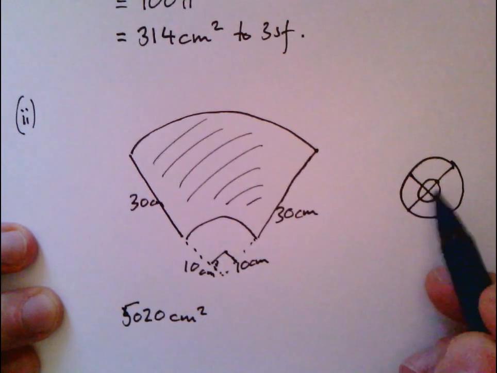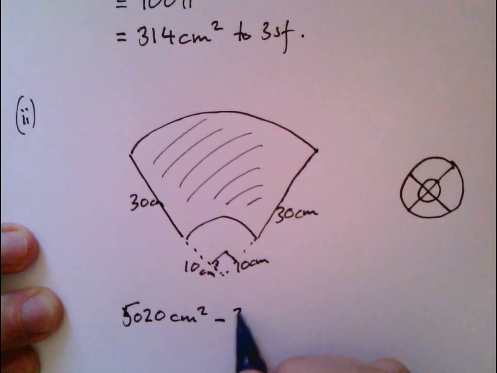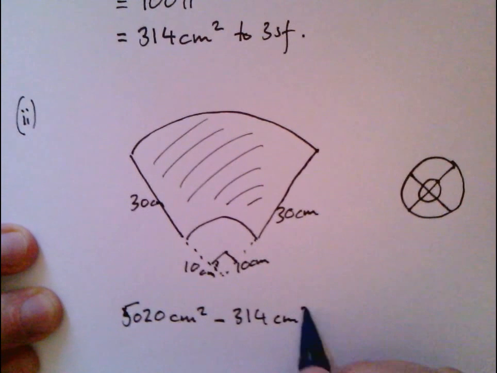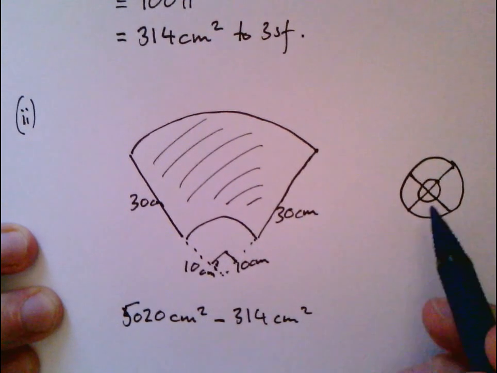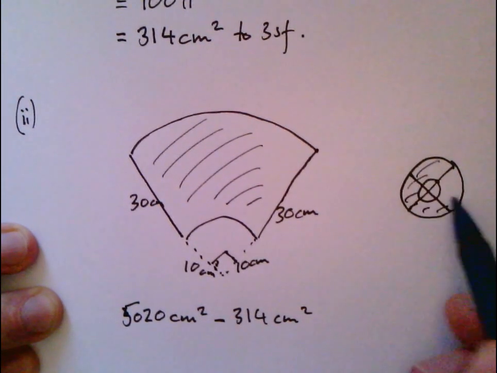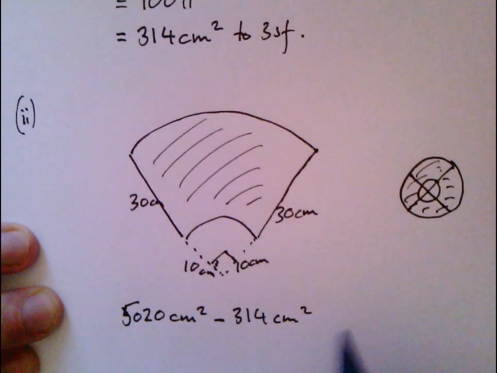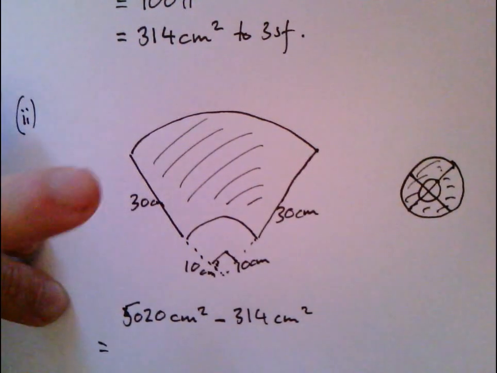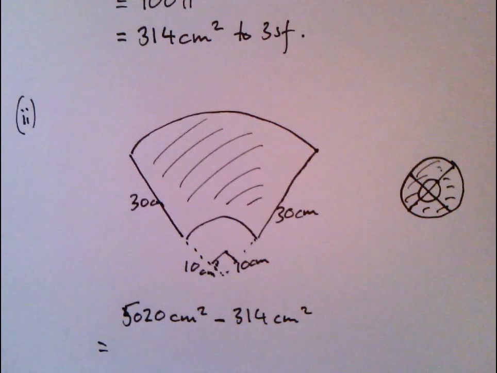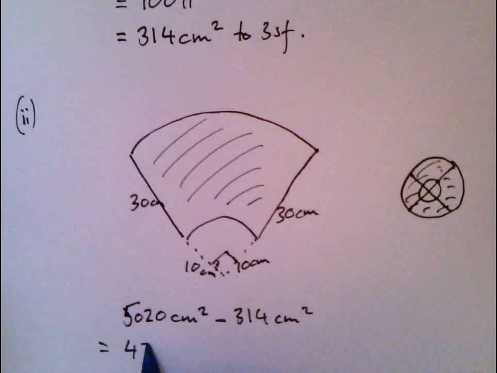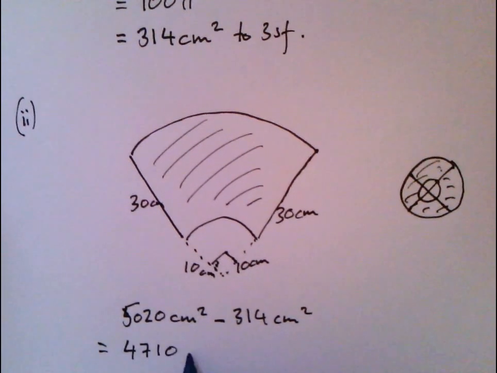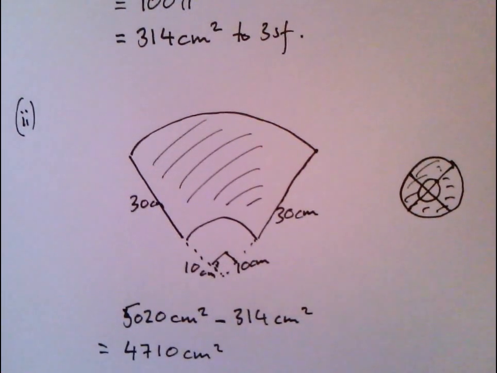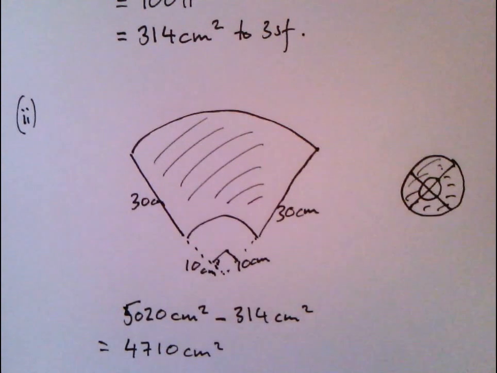And if we subtract 314 centimeters squared, that gives us this area. So that is 4710 centimeters squared, and now we need to quarter that because we're going to have a quarter.